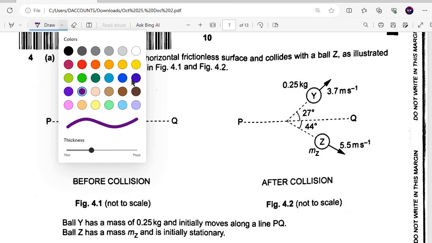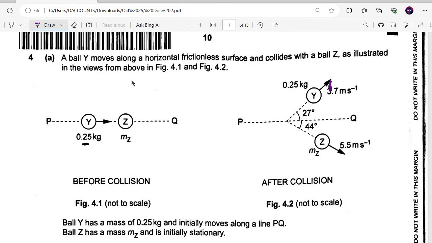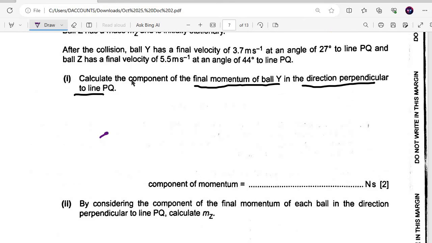So at the end of the day we have something like this. This is the direction of the final momentum. Let me find the vertical velocity.